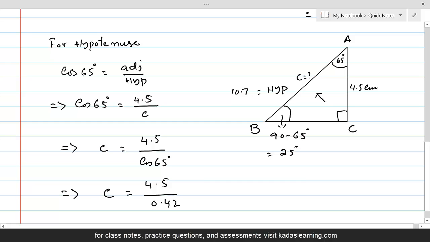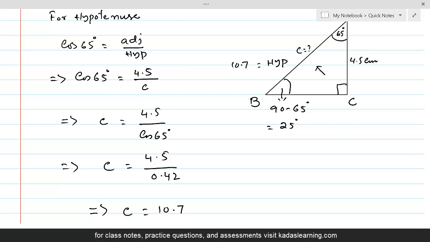This way all the three angles in the triangle are known and two sides are known. For third side, either we can define cosine ratio of 25 degree and find out the side BC, because if we take cosine of 25, then BC will become the adjacent and the hypotenuse is already given. But in this lesson, we will make use of Pythagoras theorem to find out the missing or unknown side.